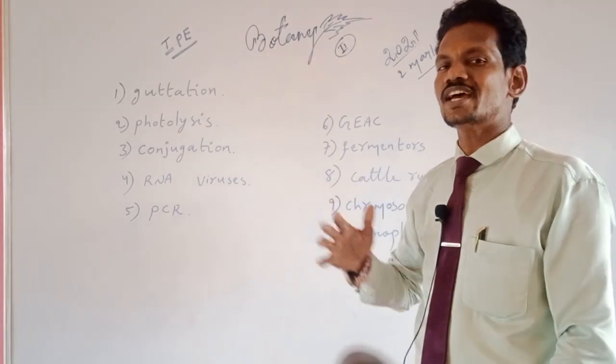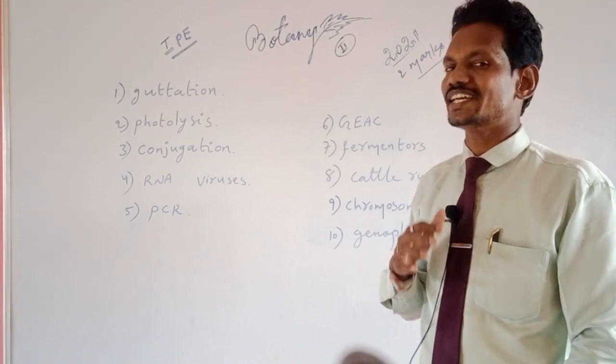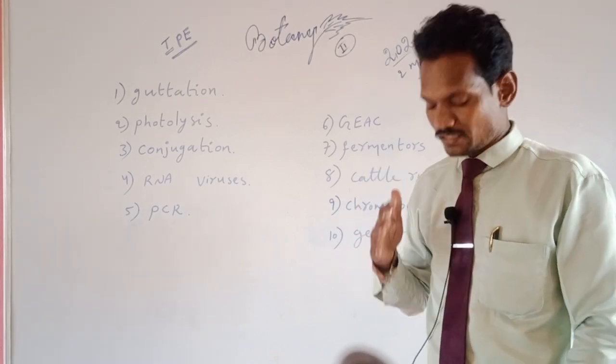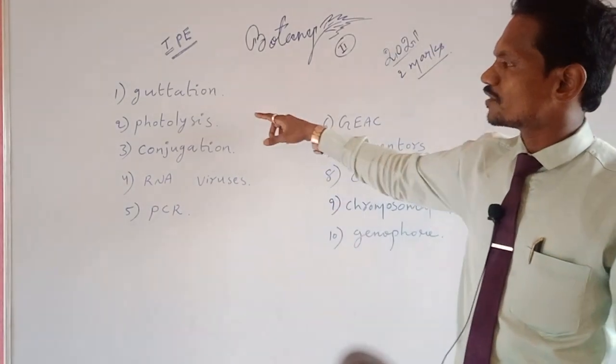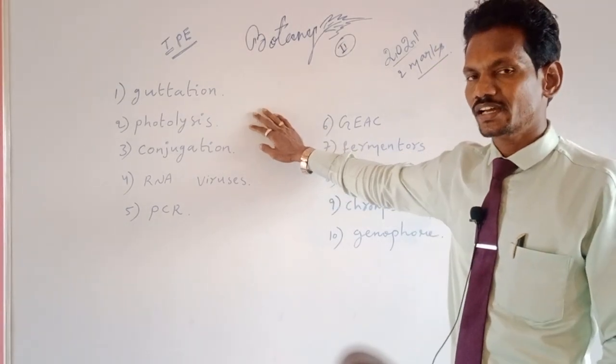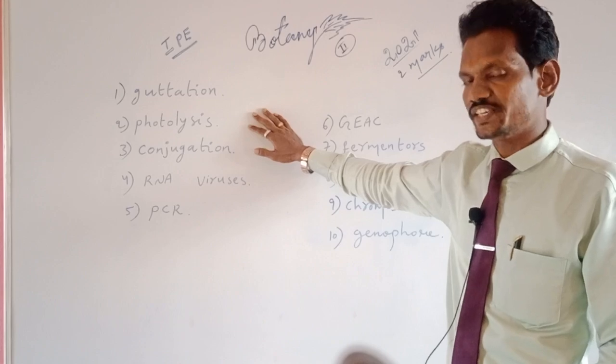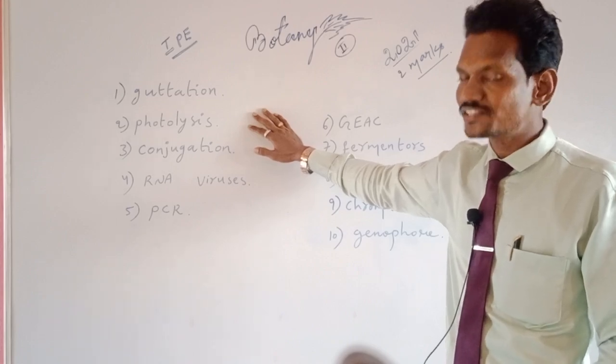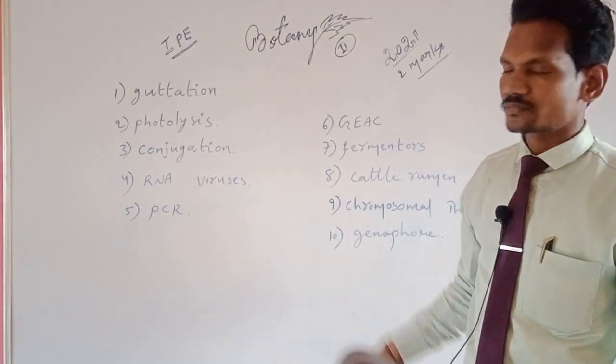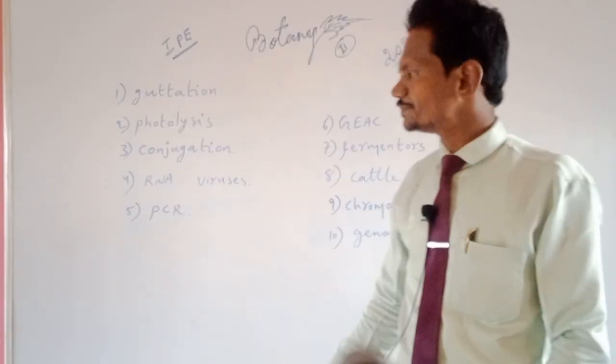This was first discovered by the scientist Robert Hill, because photolysis of water is also known as Hill's reaction. Hill's, scientist name, Hill's reaction. That's the answer for that question.